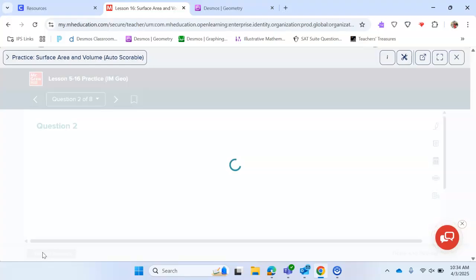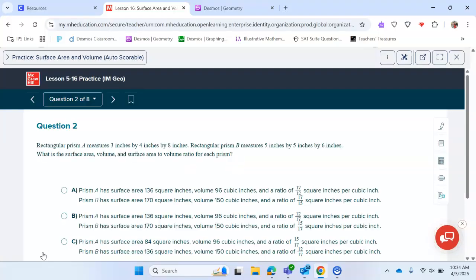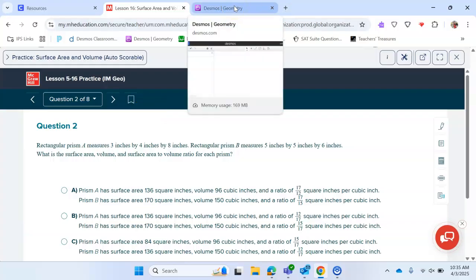Question 2. Rectangular prism A measures 3 inches by 4 inches by 8 inches. Rectangular prism B measures 5 inches by 5 inches by 6 inches. What is the surface area, volume, and surface area to volume ratio for each prism? The volume for the first one would be 3 times 4 times 8.